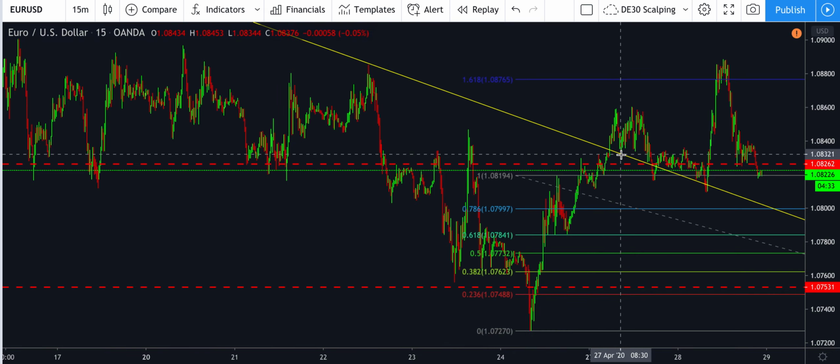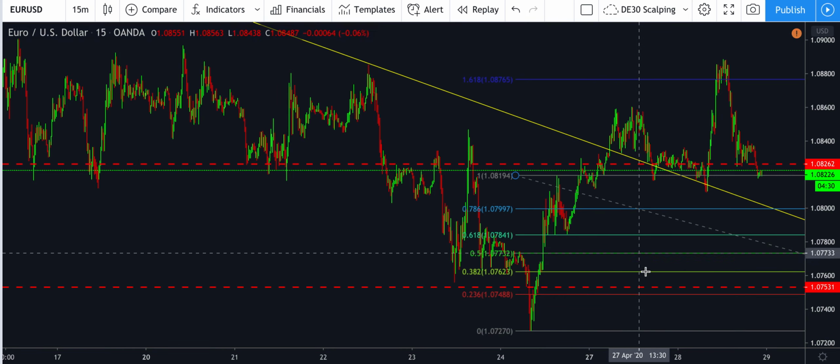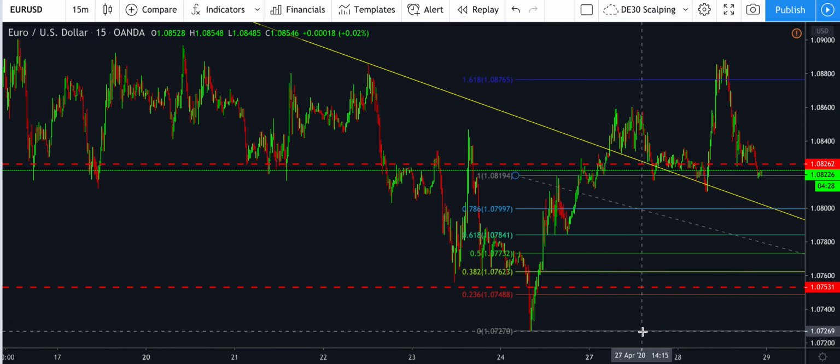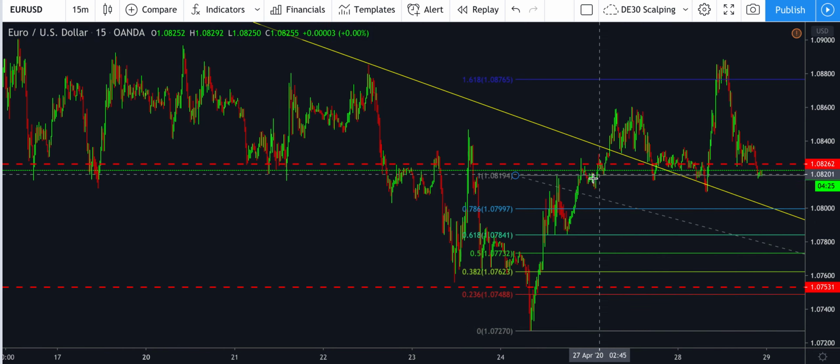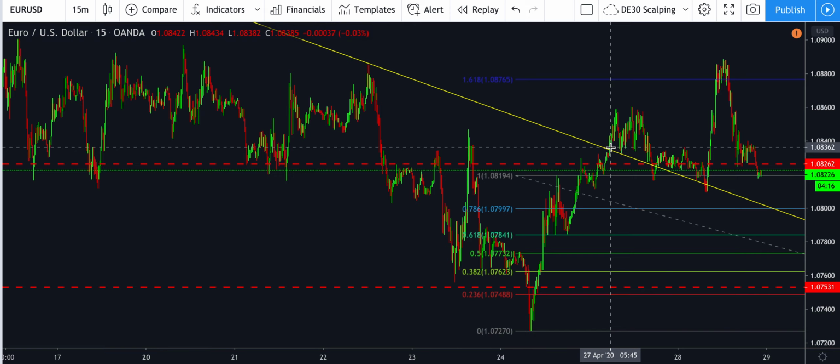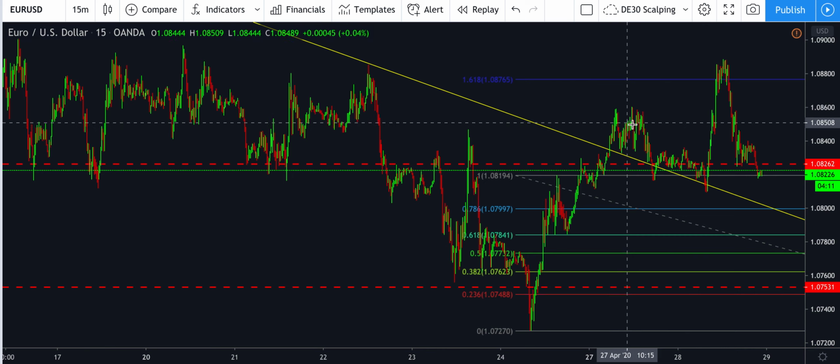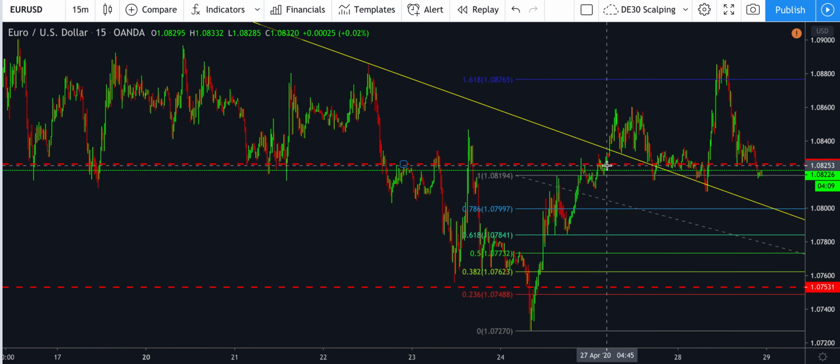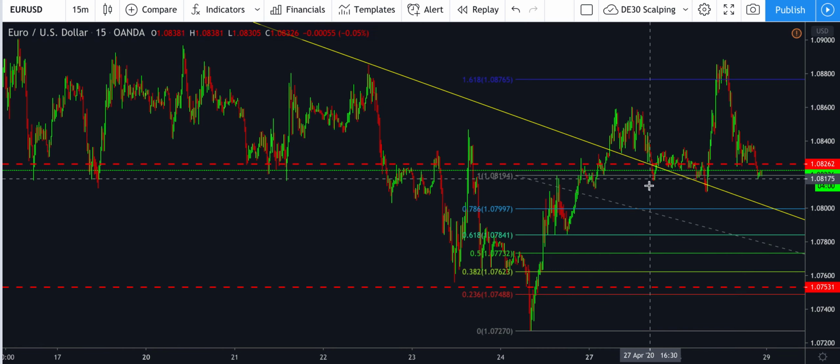I was expecting price to either correct back and tag the low, or, if we hadn't completed the impulsive move, to at least tag the trend line and then bounce off it. We didn't even have that. Price went much further than the trend line and then corrected.